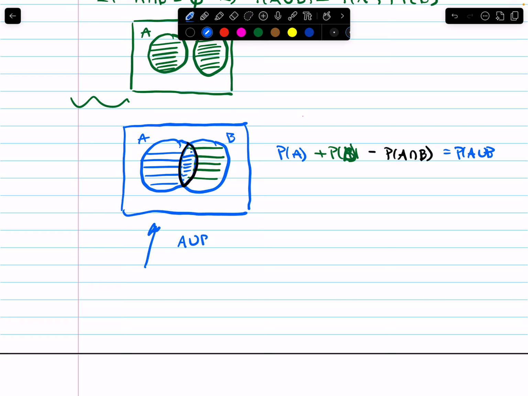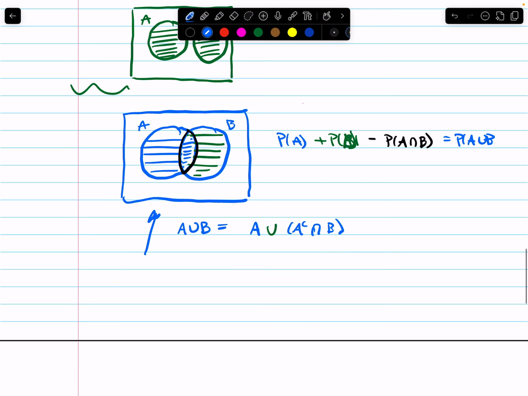So I have A union B, and I see that the blue is A, and then just the green now is the stuff that's in B but not A. So it is A union not A and B. All right, so I've now written A union B as the union of disjoint sets, which means by axiom 3, the probability of A union B equals the probability of A plus the probability of not A and B.